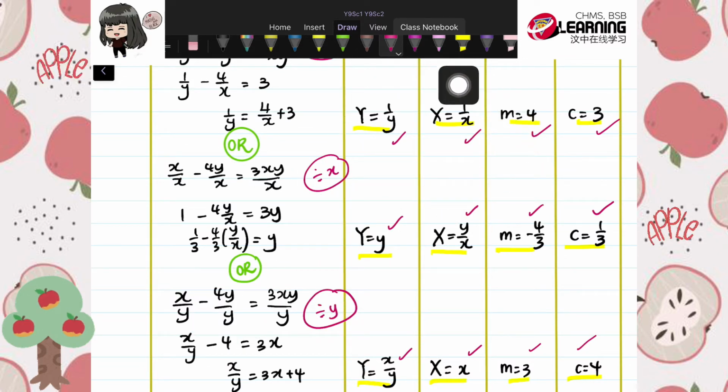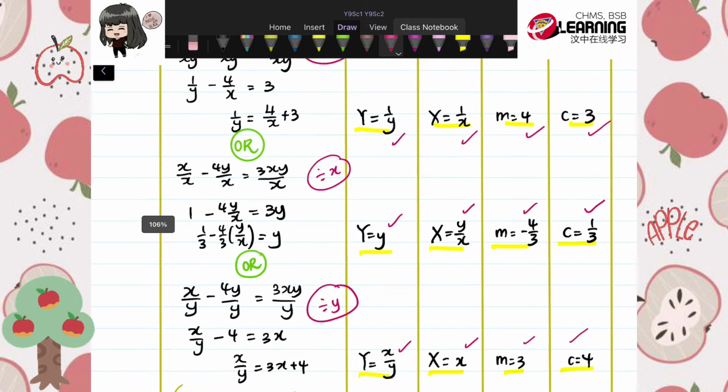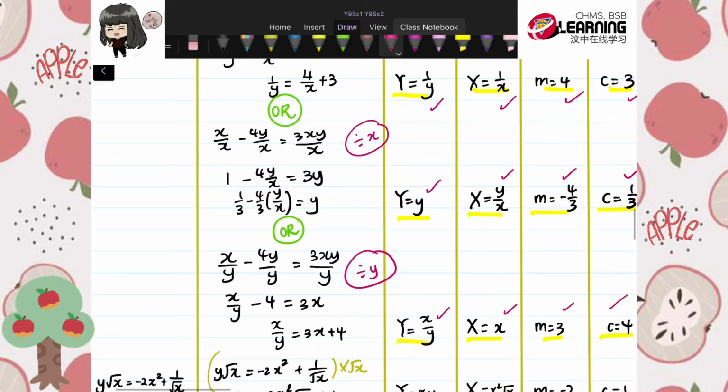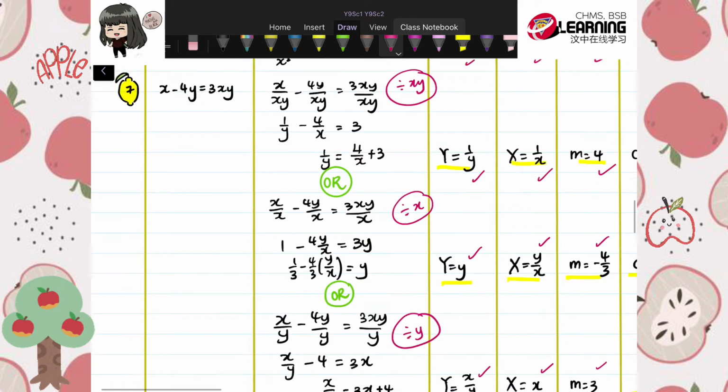Your big Y and your big X are all different, but this will also give you a straight line, from non-linear to linear form. So this is not fixed to only one possible straight line. It can be a few types of straight line. It depends on your big Y and your big X, and it also depends on your non-linear equation.